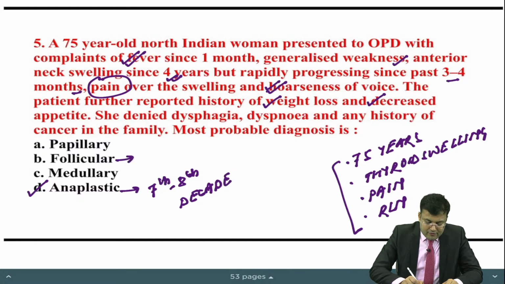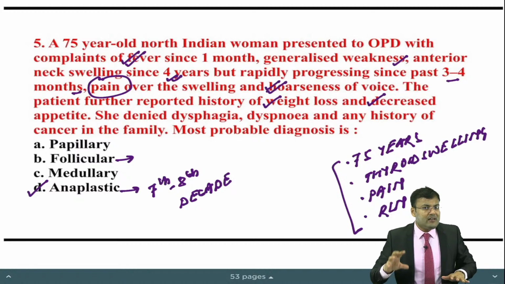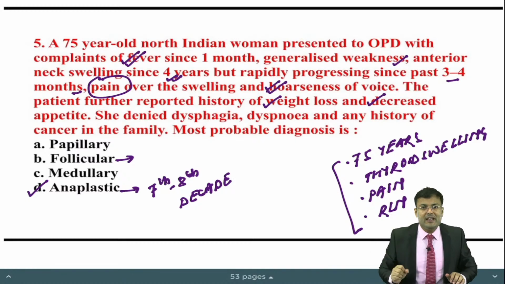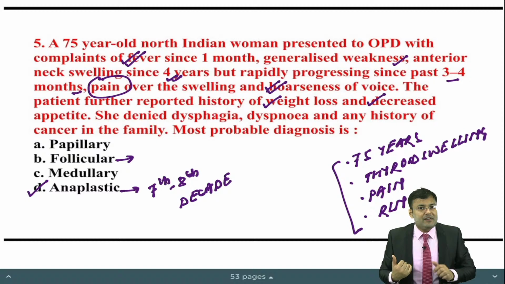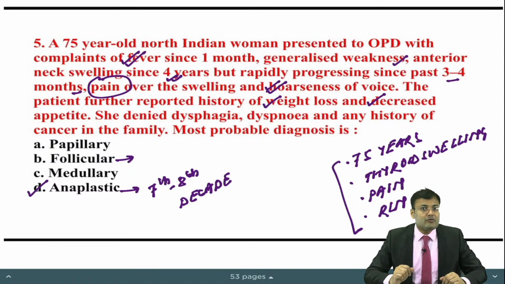See, follicular carcinoma is seen in iodine deficient areas, the areas where there is iodine deficiency. So these patients have goiter, and a patient with goiter comes to you telling that, sir, I am having sudden increase in the size of swelling.